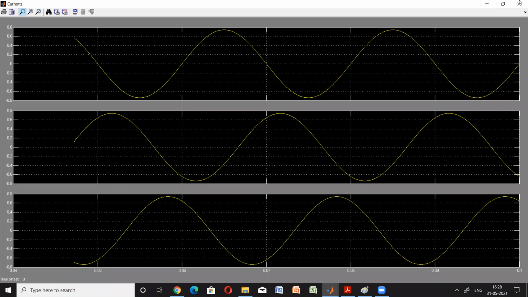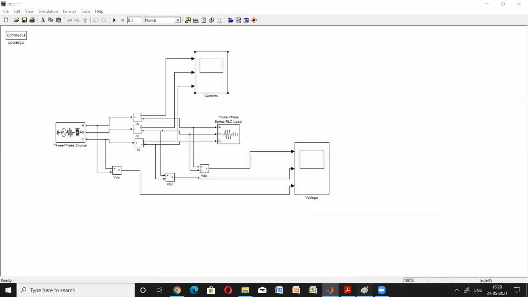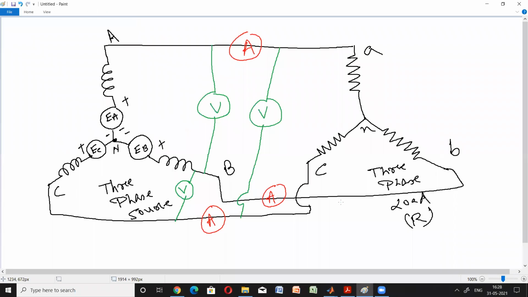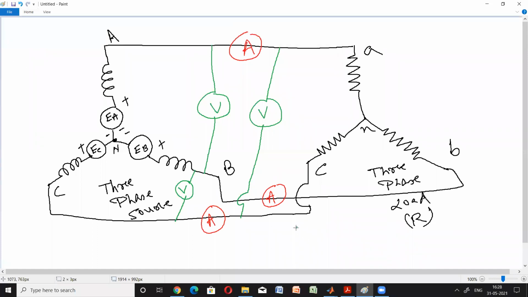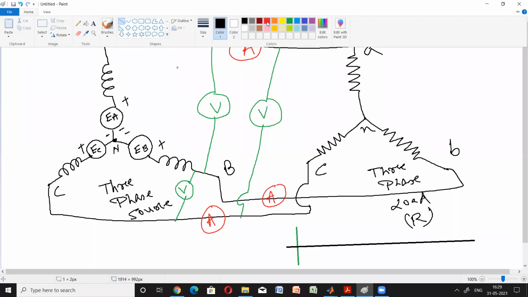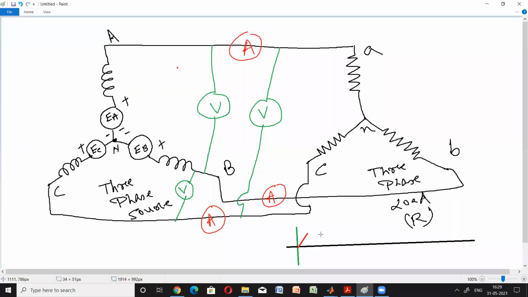But normally what we are doing, we are plotting the three-phase waveform like this, isn't it? First of all, we take the x, y axis, and suppose for the R phase, we draw like this.